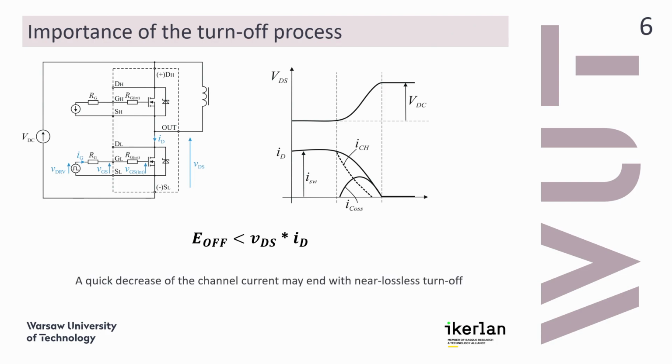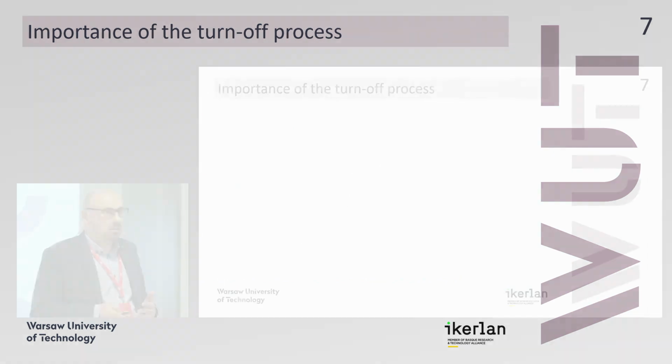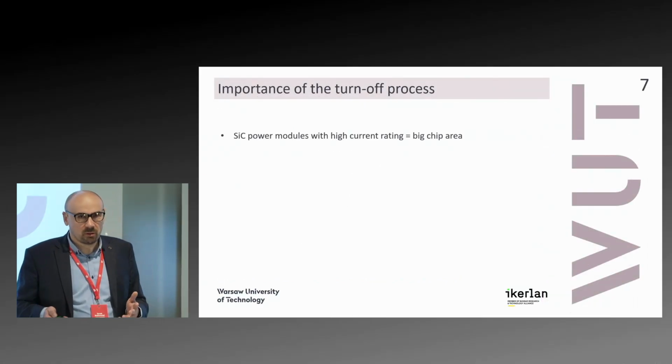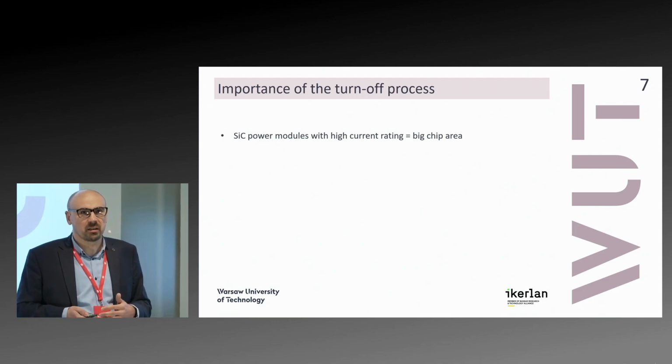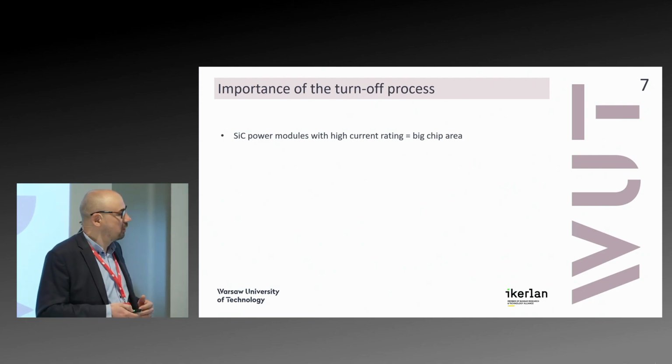In some cases, we can reach nearly lossless switching, because this capacitance is like a snubber. But for the power modules, I'm talking about the power modules rated at hundreds of amps.